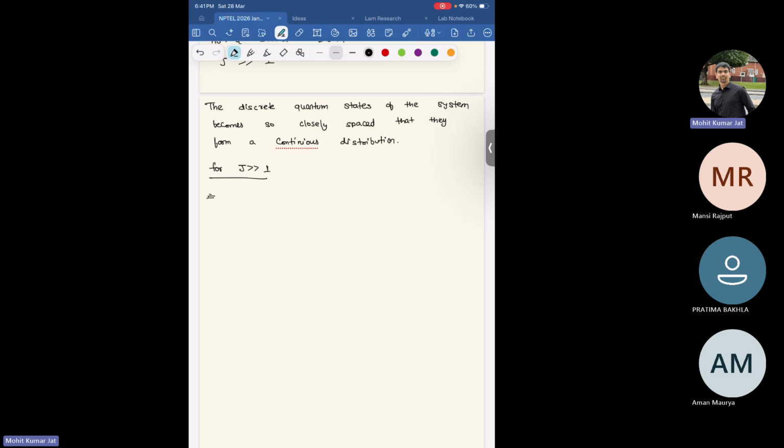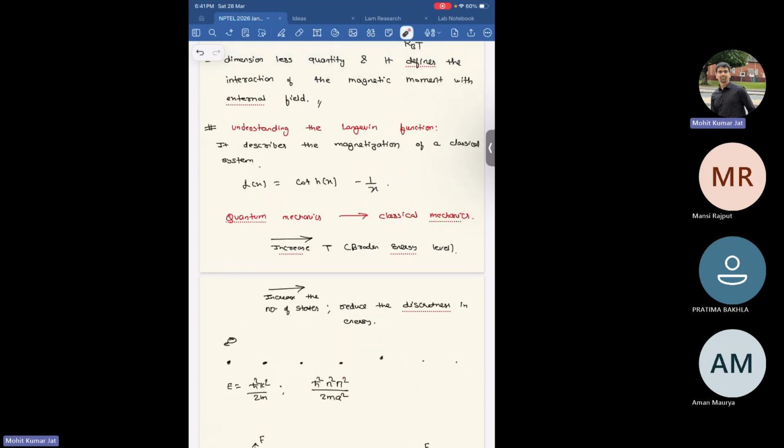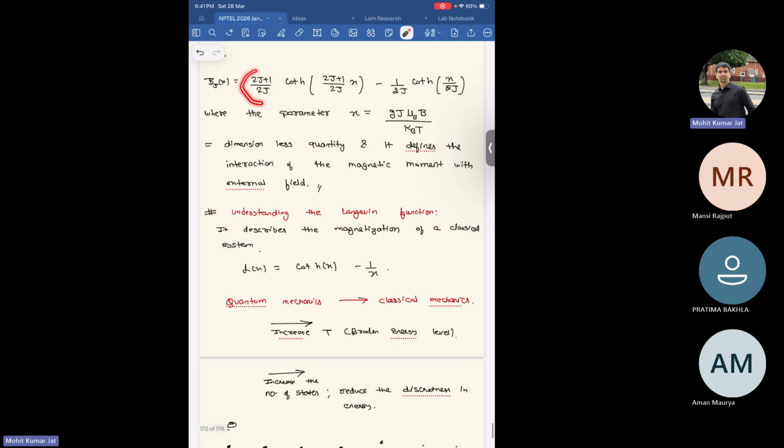So what will happen? The term which you have here, 2j plus 1 by 2j, if j is very large compared to 1, this term will go to 1. Similarly, coth of 2j plus 1 by 2j times x will be also 1 times x.